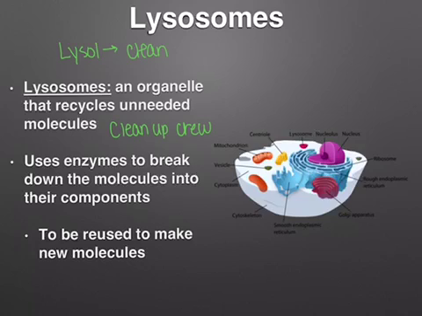And then once the lysosomes break down the molecules, these components that they break them down into can be used to make new molecules. And again, there can be multiple lysosomes in a cell. And so here we have a lysosome shown.